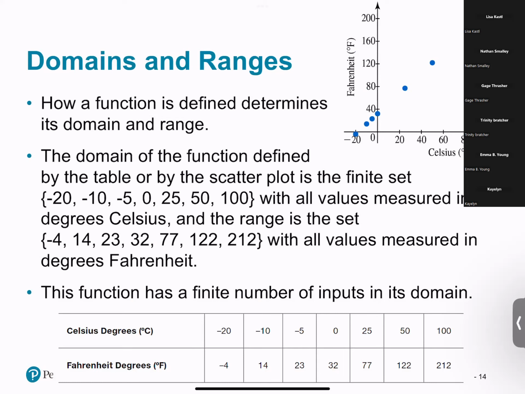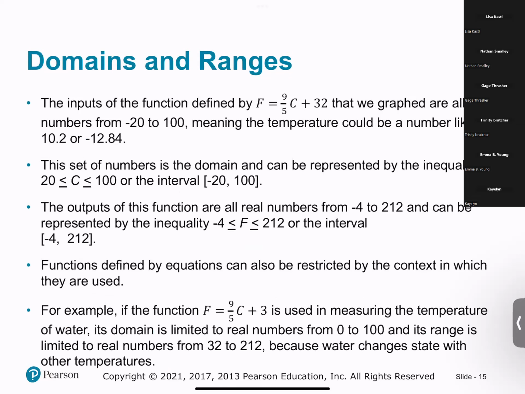It continues on forever in both directions. Okay, so the inputs defined by the equation that defined this function, F equals 9/5 times C plus 32. We graph that, we can see all the numbers between negative 20 and 100.